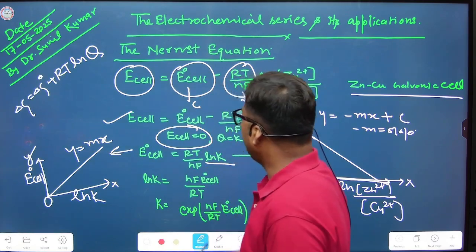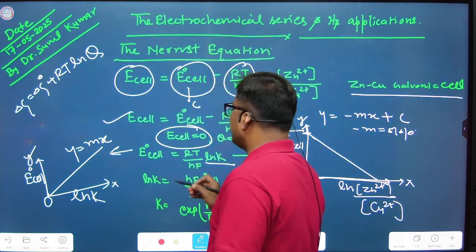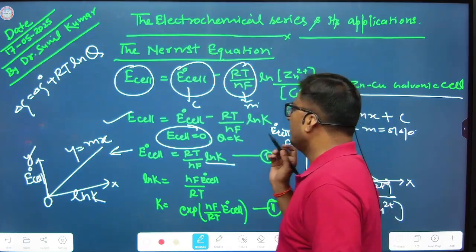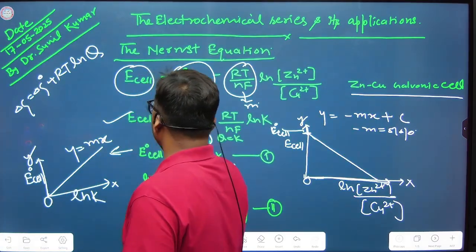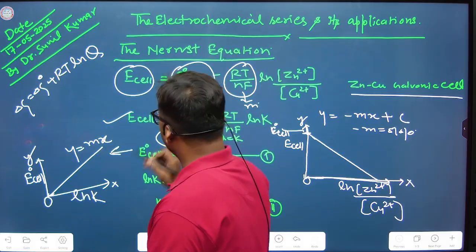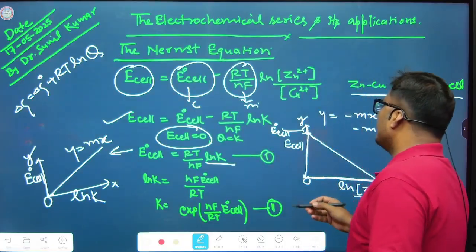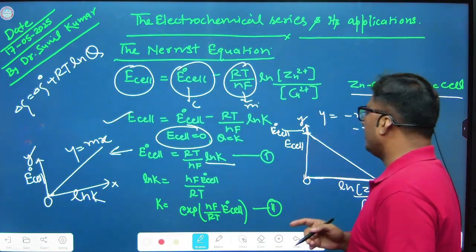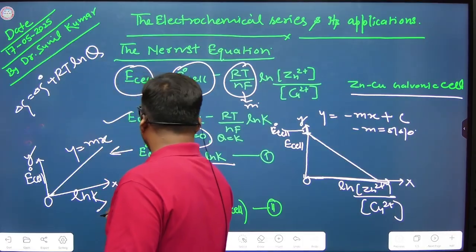What does it mean? If the value of ln K increases in the positive x direction, the standard E cell also increases, right? So from the origin point it is increasing. So it means the cell reactions are thermodynamically favorable, because the equilibrium constant is very, very high.